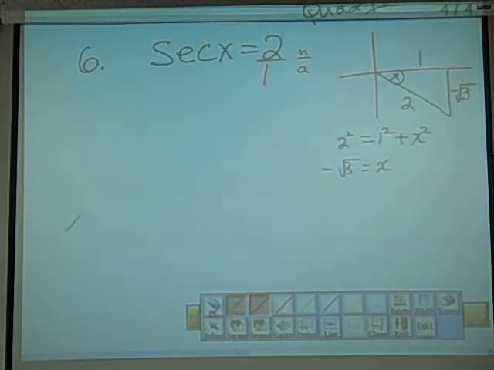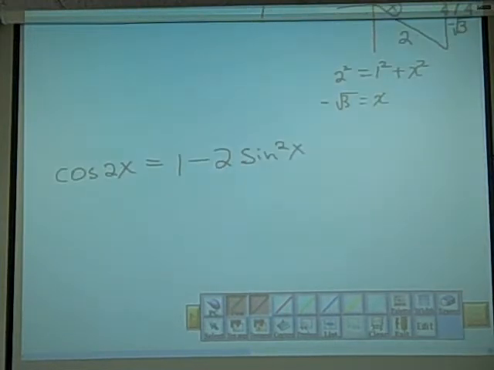Now let's look at the other two double angle formulas, for cosine 2x. You can use any one of the 3 formulas that we looked at. So I chose 1 minus 2 sine squared x. But you could choose any one of the other 2 for cosine 2x and you would get the same answer.